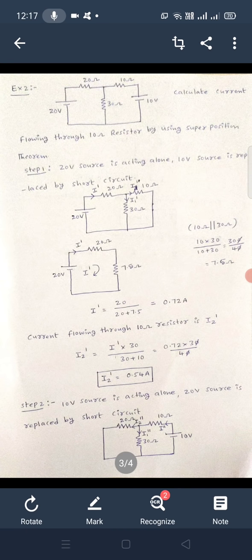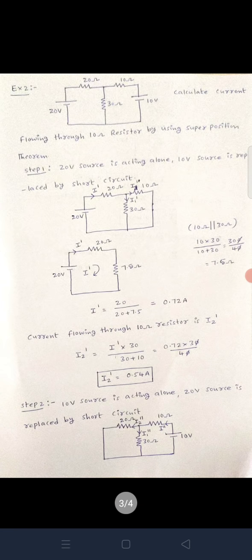The resultant circuit has the 20 volt source in series with the 20 ohm resistor and the 7.5 ohm resistor. By Ohm's law, I dash equals V by R equivalent, that is 20 volts divided by 20 plus 7.5, so I dash is 0.72 amperes.